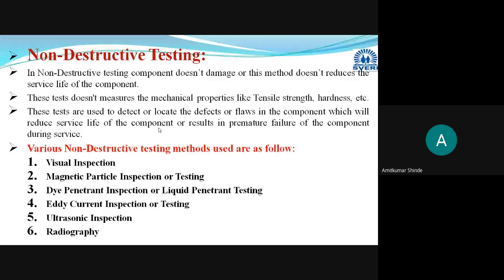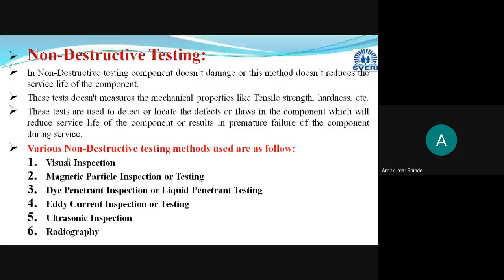Then there are different types of non-destructive testing methods. Generally five to six types are largely used. First you start with visual inspection. Visual inspection is the first method. Then the second method is magnetic particle testing.